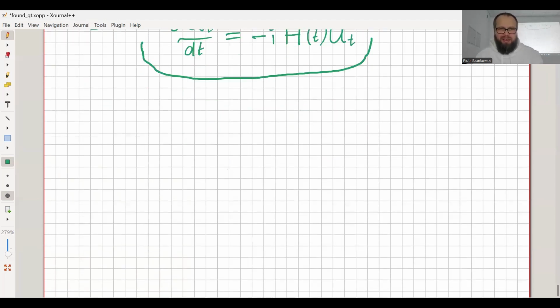So in a way we can do some more housekeeping here. So we have this exponential formula.